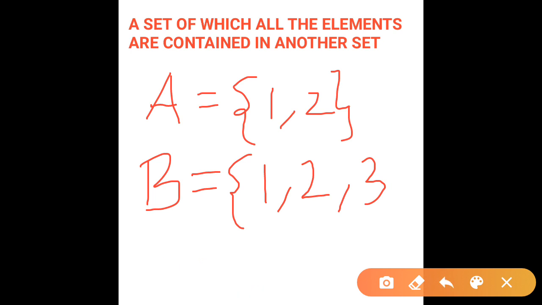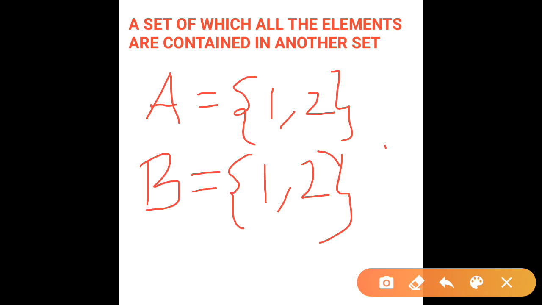And we'll take another example. A equal to 1 and 2, and B equal to 1 and 2. So both have the same elements.